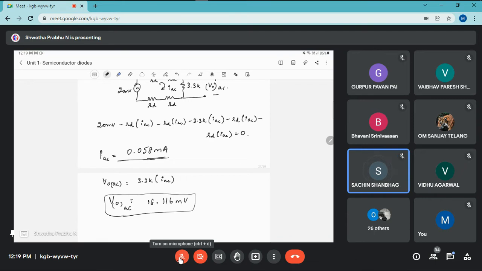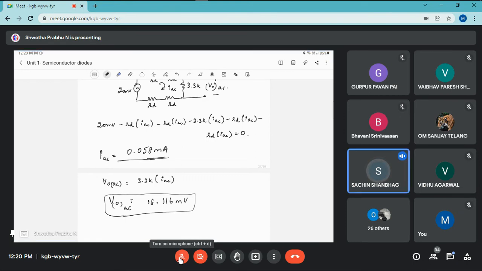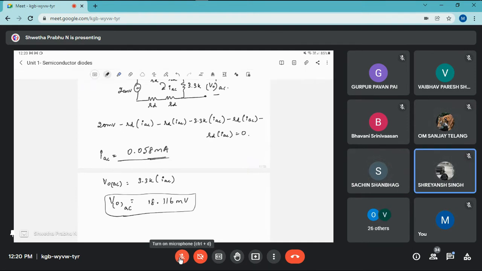Now you check the output AC voltage, how much you are getting. Ma'am, I'm getting 0.1914 into 10 power 3.